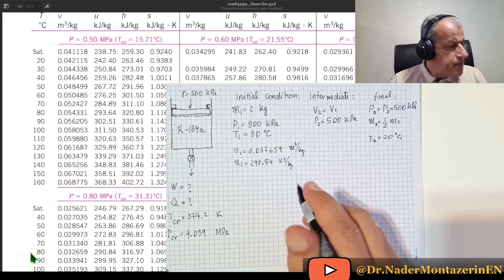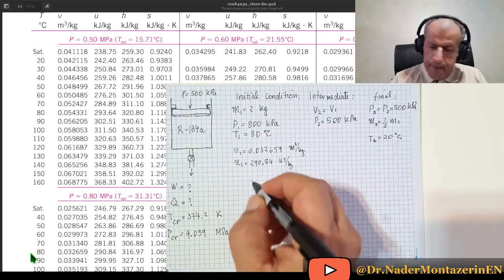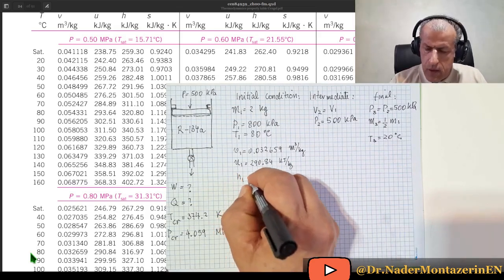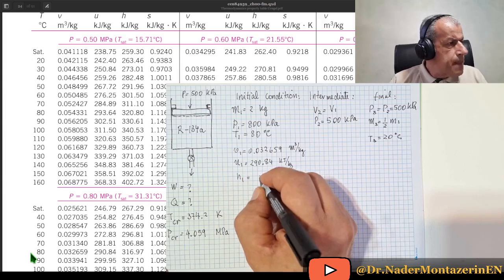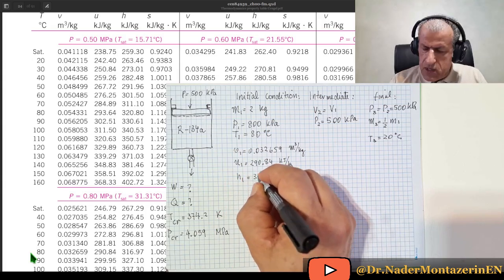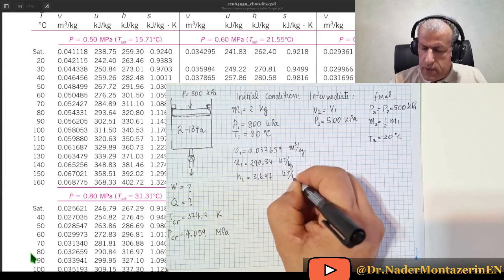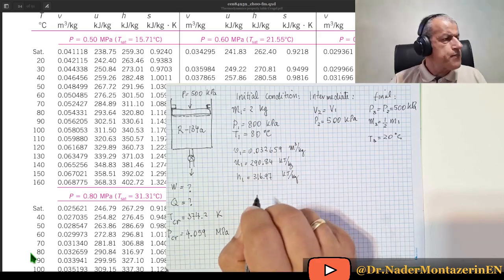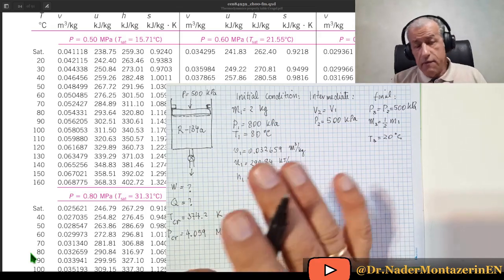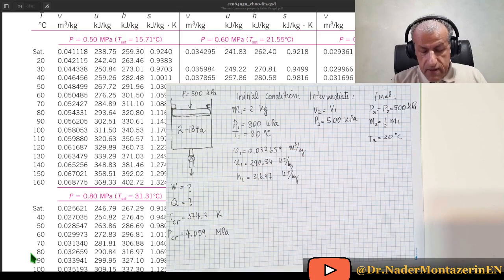And H1 equals 316.97 kilojoule per kilogram. Okay, we're solving this problem within the limits of the first law, so we won't need any information on entropy.